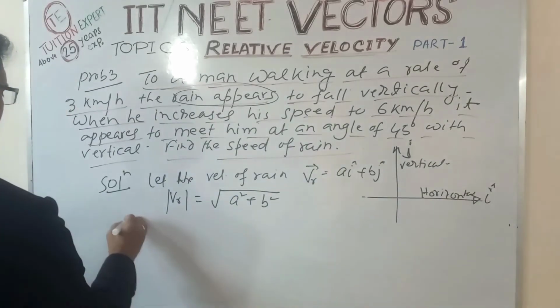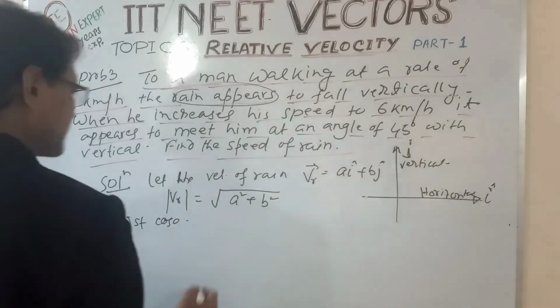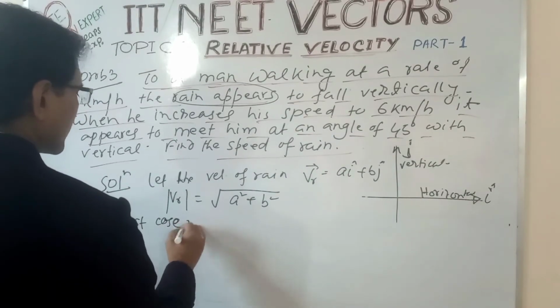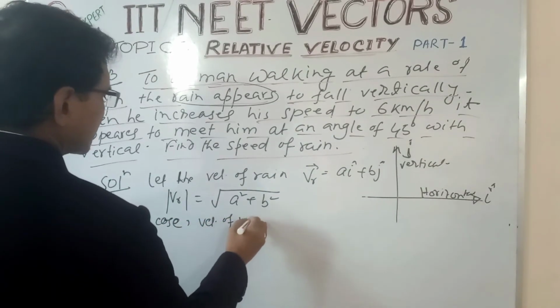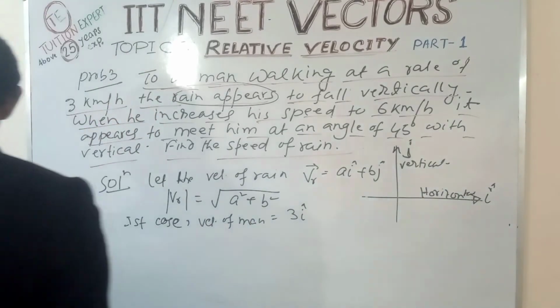First case, velocity of man is along horizontal, so we take 3i.